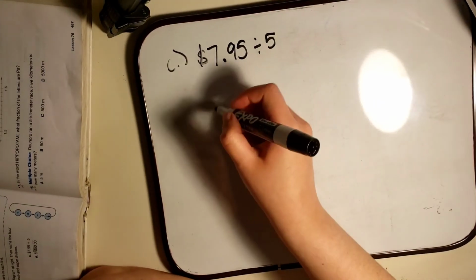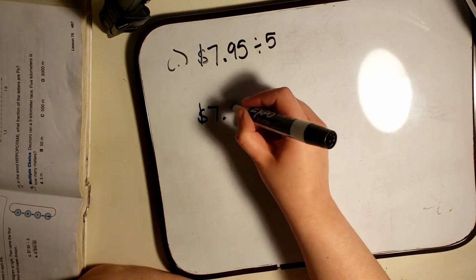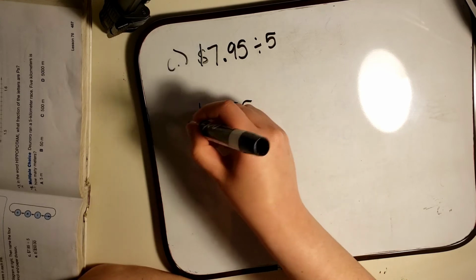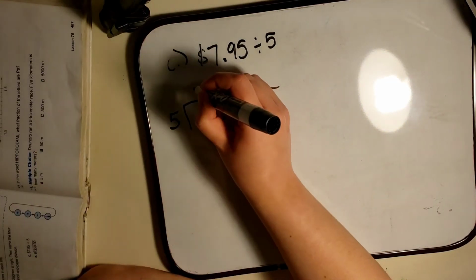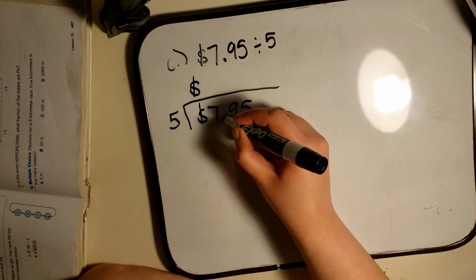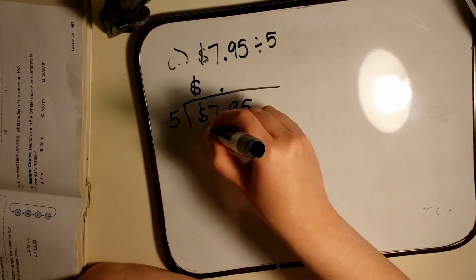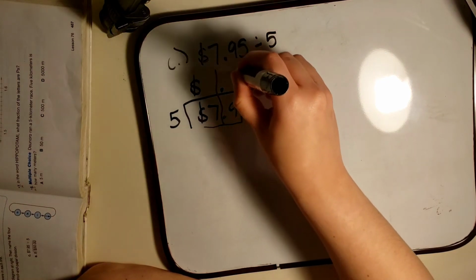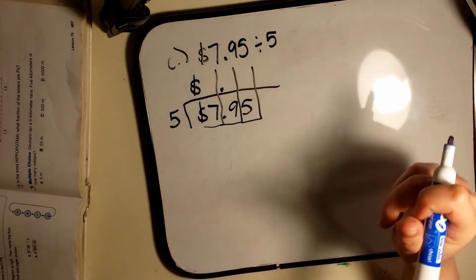So we're going to put $7.95 on the inside and 5 on the outside. I'm going to put my dollar sign up here and move my decimal right up there. Then, just to make it a little easier to figure out my place values, I'm going to do that. You don't have to.